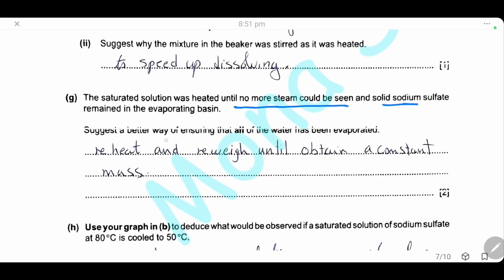Suggest a better way of ensuring that all the water has been evaporated. To ensure that all the water has been evaporated, we should reheat and reweigh until we obtain a constant mass. That ensures that no more water is left to be evaporated.